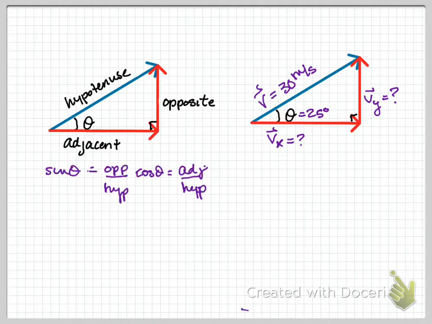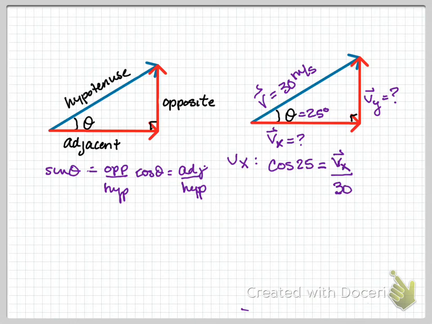So let's look at finding the x component first. To find x, we want to find the adjacent side. And with the adjacent side, we need the hypotenuse and the cosine of the angle. So this is defined Vx. The cosine of 25 is equal to Vx over the hypotenuse, which is 30.